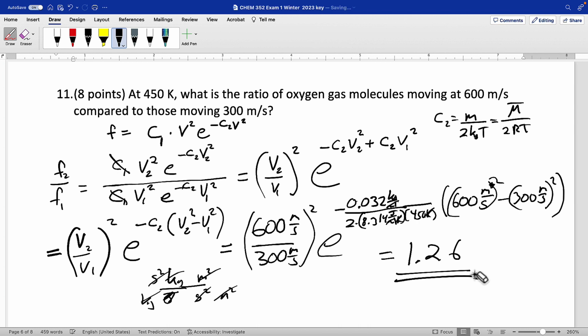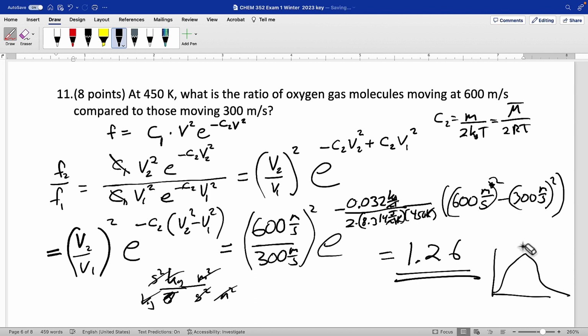So bottom line, there's more molecules moving at 600 than 300. Basically, that means that if we were to draw the distribution at 450 Kelvin, it will look something like this, and the average speed is going to be actually in between those. It's going to be roughly 400-ish.